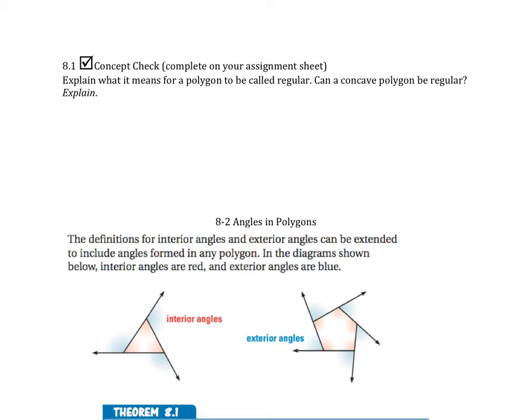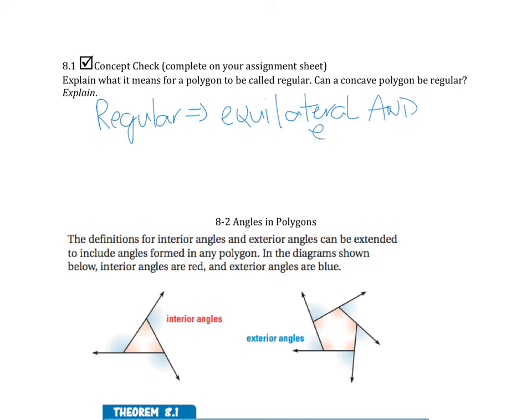So what does it mean for a polygon to be called regular? It's equilateral and equiangular.